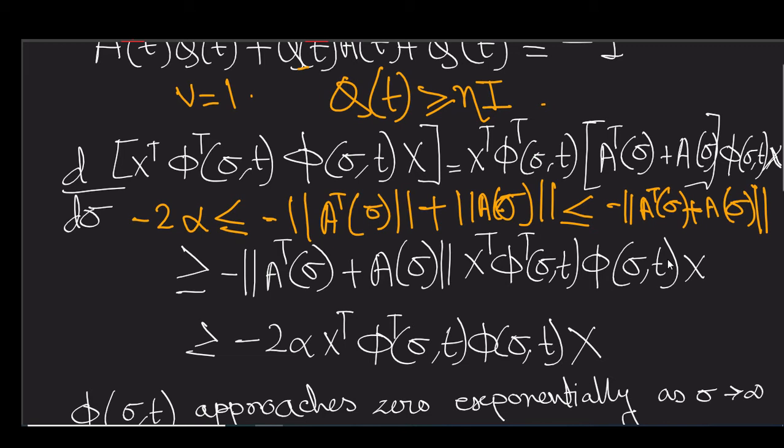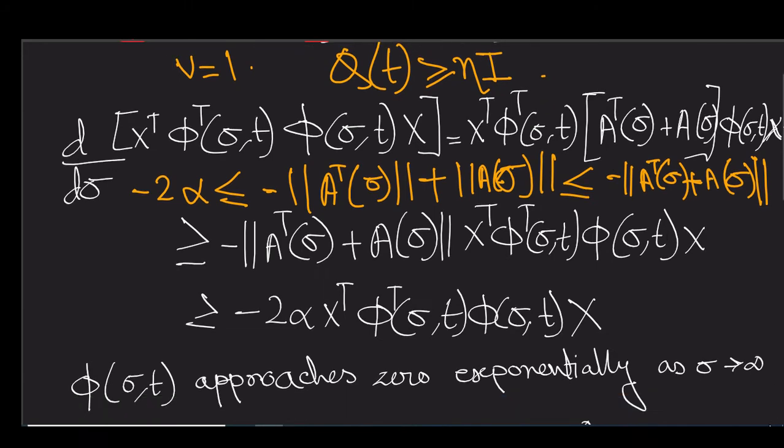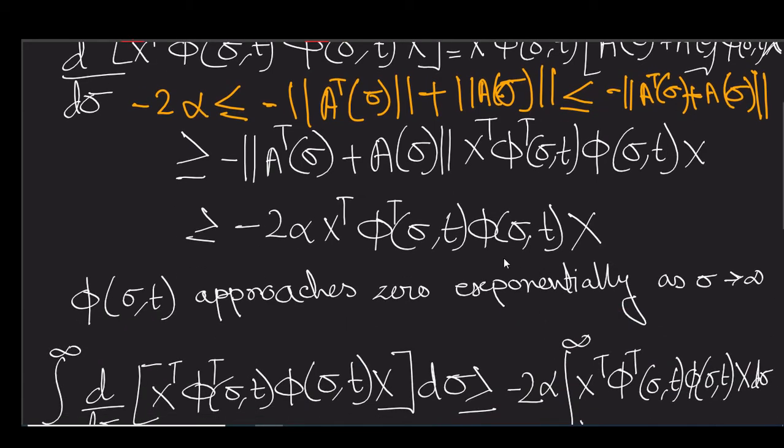Now what we get is that phi(σ, t) approaches 0 exponentially as sigma tends to infinity, because we know that this phi, that solution, is our premise. If you recall, we started our discussion with an assumption that our system is linearly asymptotic.